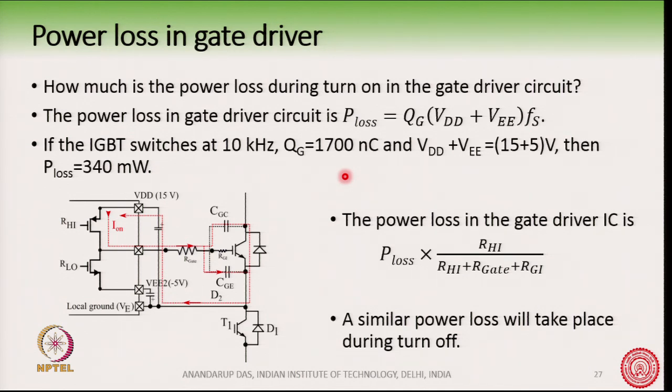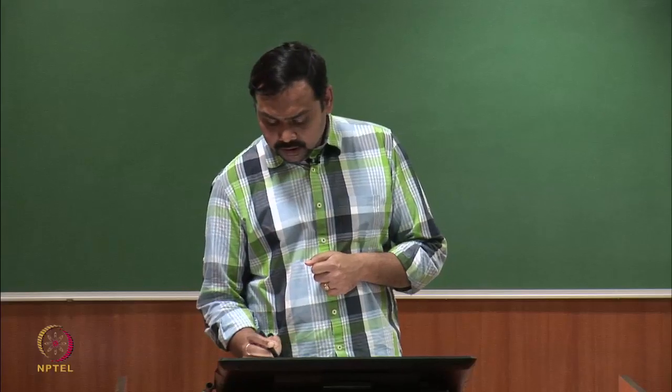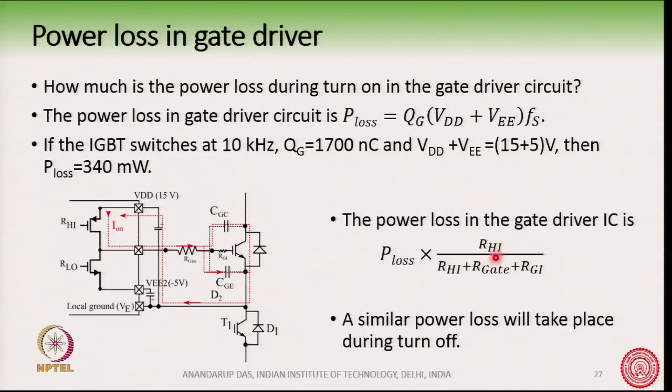Of course, this loss will spread over this resistance and this resistance here. So, the power loss in the gate driver IC is proportional to the resistance here. This is the total loss happening inside the driver IC, and another fraction will be happening in this R gate here.